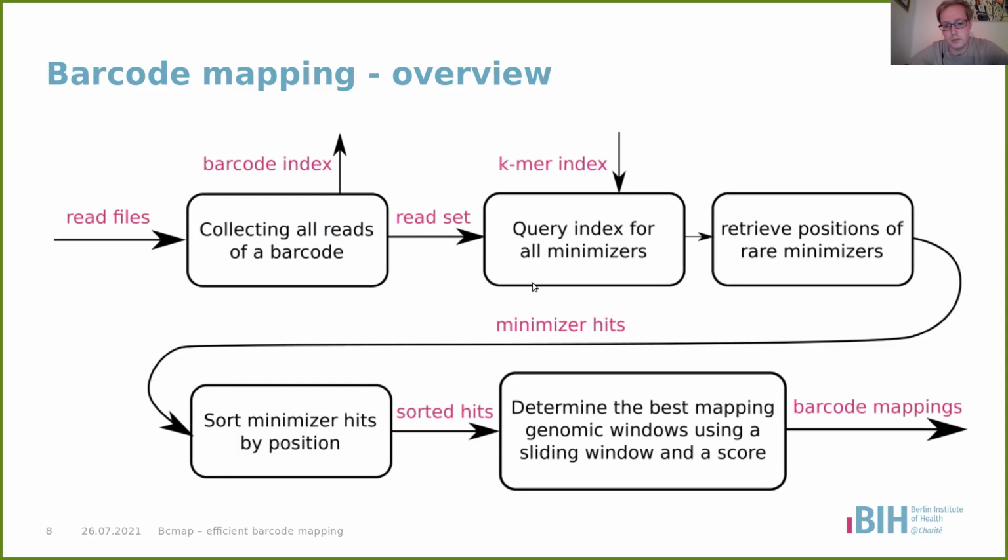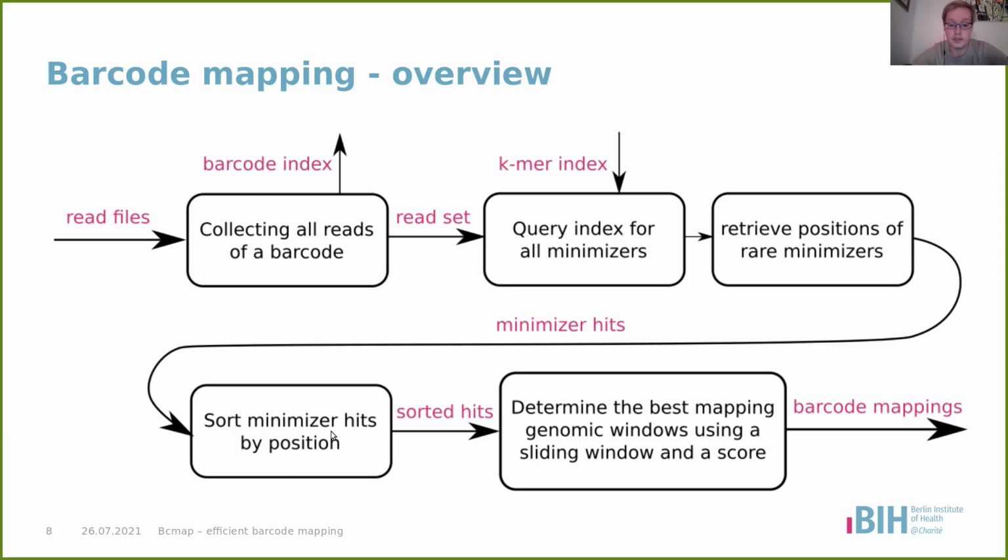From this read set for a certain barcode, we take all minimizers and query them in the OpenAddressing k-mer index. Then we retrieve the positions of those minimizers, but we just do that for rare k-mers that do not appear too often in the reference, to keep the amount of data we work on small.